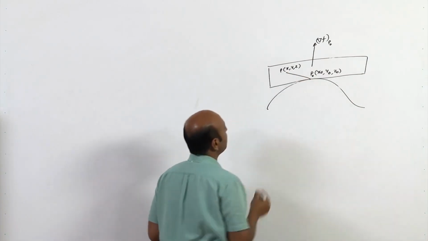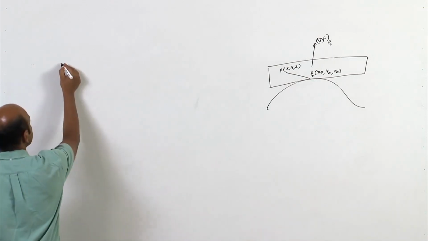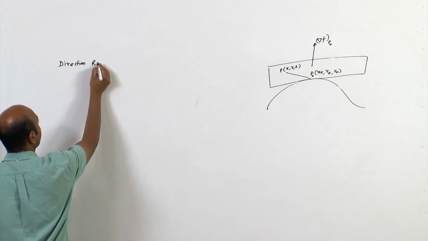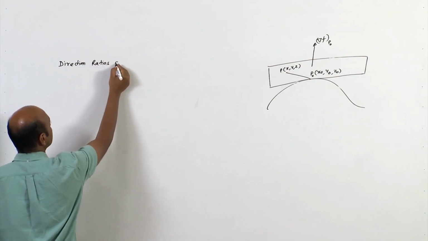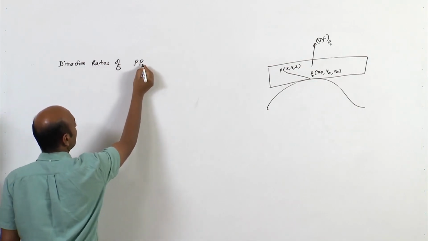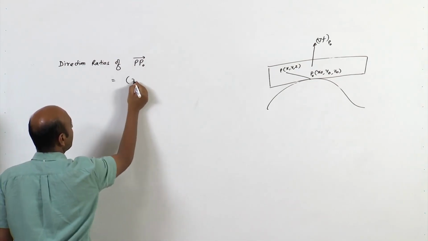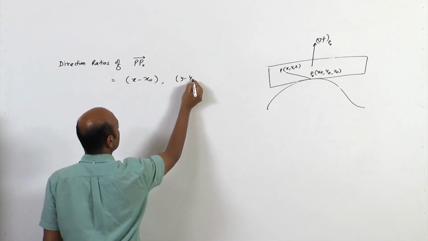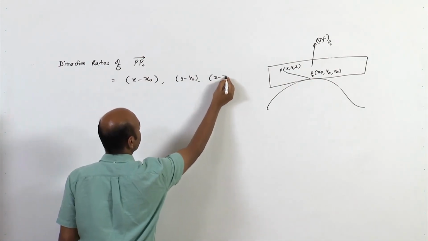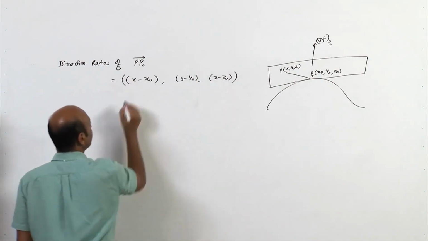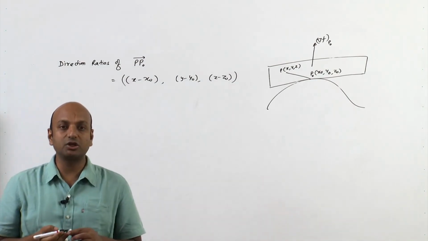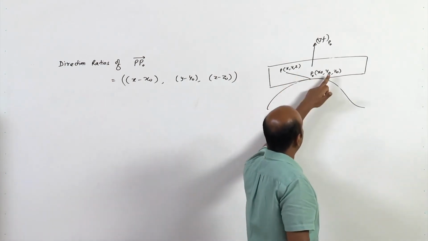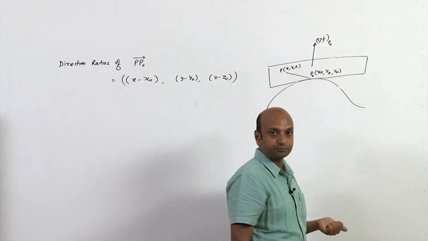The direction ratios will be x minus x naught, y minus y naught, and z minus z naught. This is the vector x minus x naught, y minus y naught, z minus z naught.